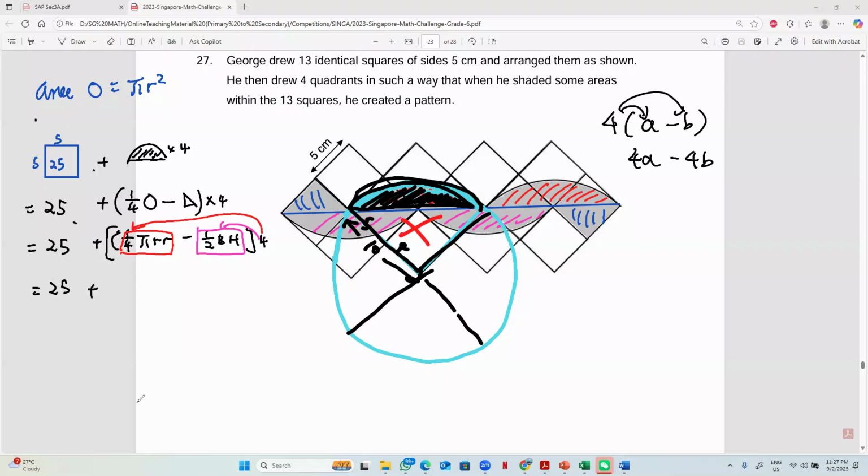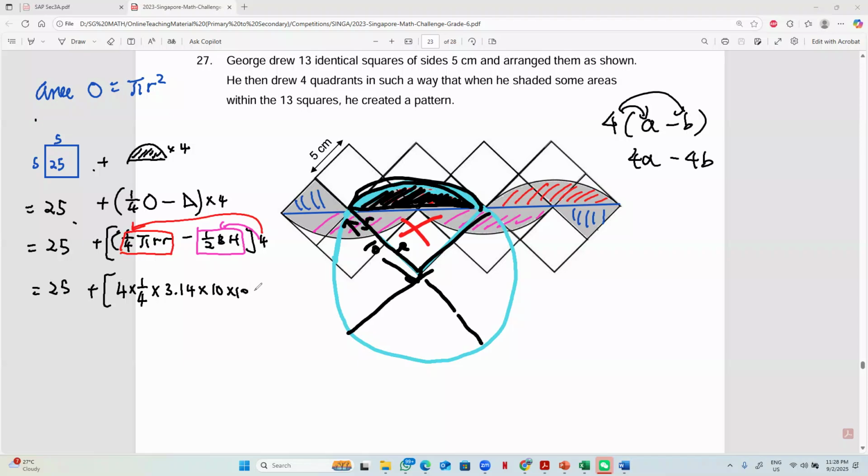So we have this plus, and I bring in my 4 for the first set, the red color one. So I will have 4 times 1/4 times pi. I was told to use 3.14, and the radius we found just now is 10.